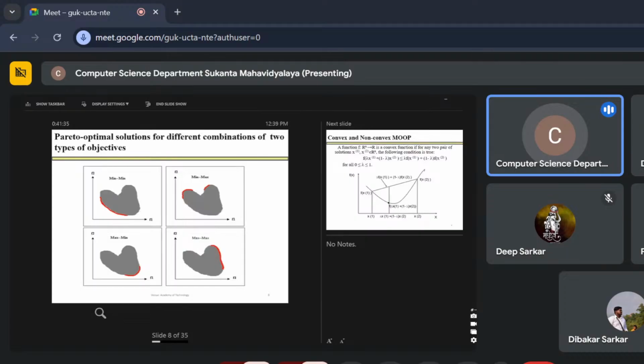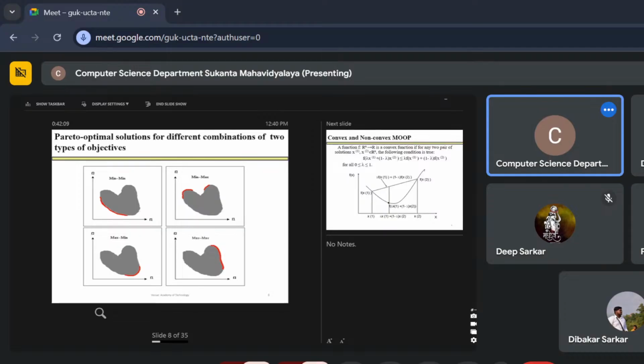So there are four options, four natures of objectives that may be there, for F1 and F2. The first one is min min, which means minimization of F1 as well as minimization of F2. Both are being minimized. Second is min max: F1 is minimized and F2 is maximized.